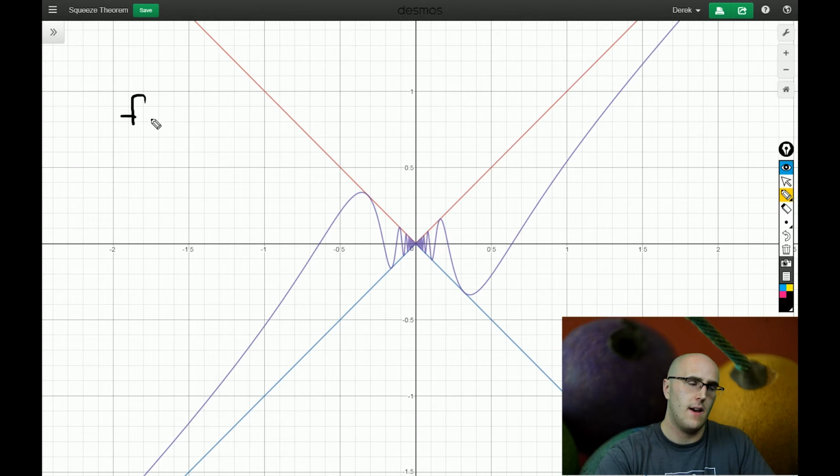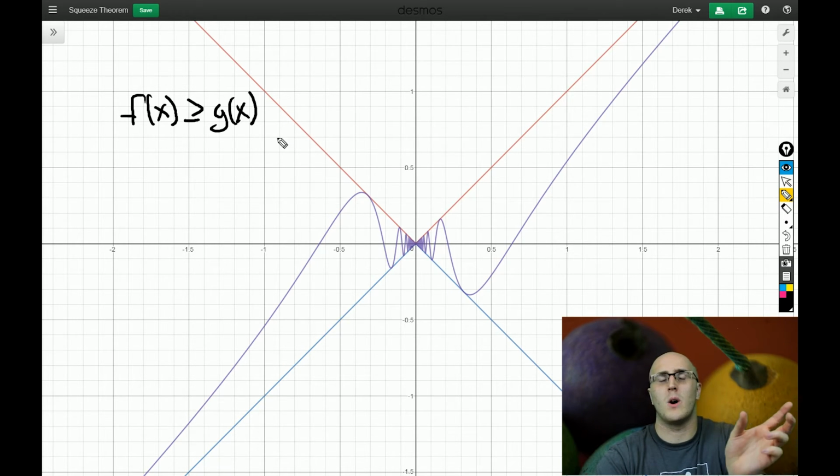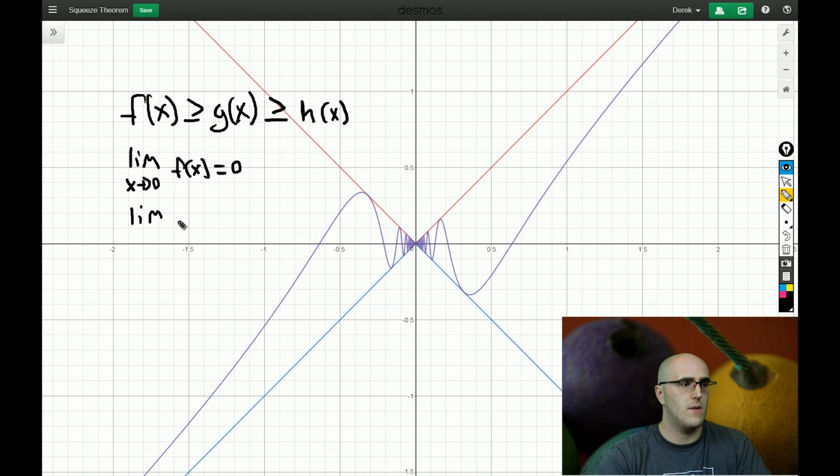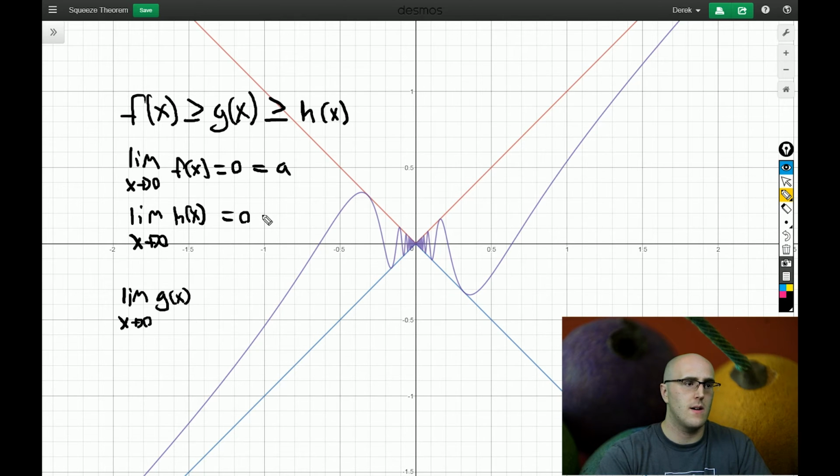Since we know that f of x is greater than or equal to g of x across the entire domain, and you can actually use the squeeze theorem on a smaller interval if you need to, but in this case we can use the whole domain, and g of x is always greater than h of x, and we know the limit of f of x as x approaches 0 is equal to 0, and we know the limit of h of x as x approaches 0 is equal to 0, then we can say beyond a shadow of a doubt that the limit of g of x as x approaches 0 must be between, we'll call this a, we'll call this b.